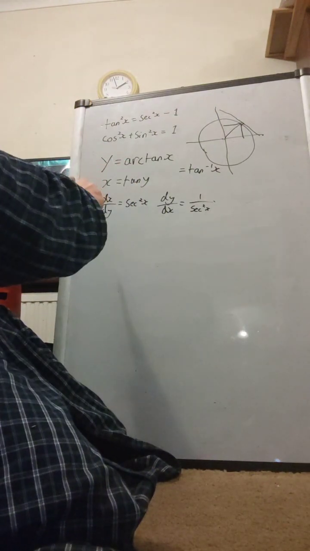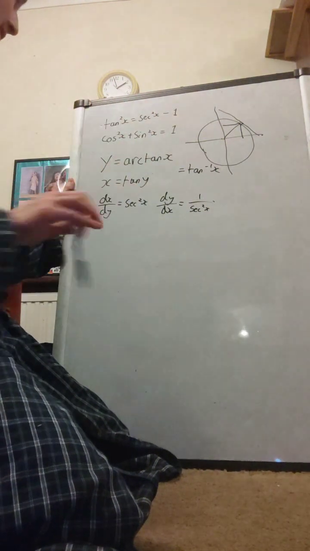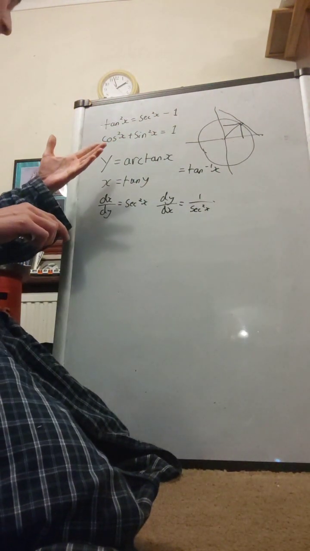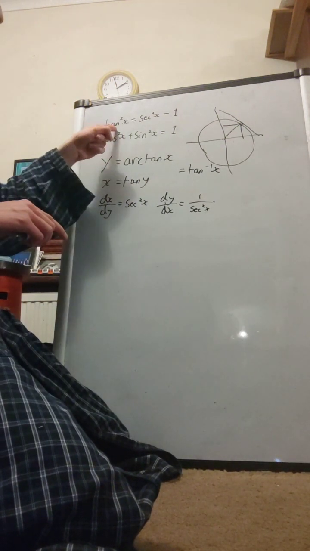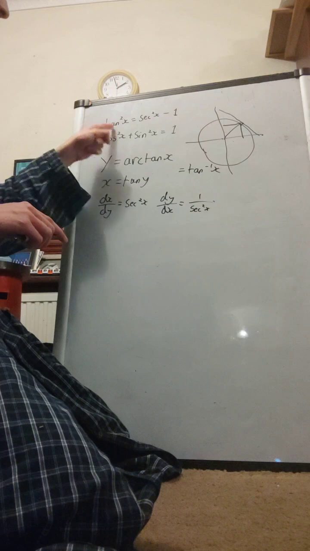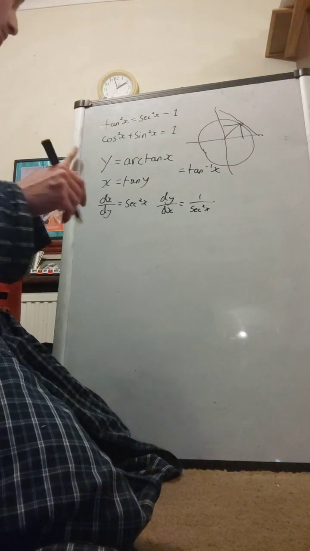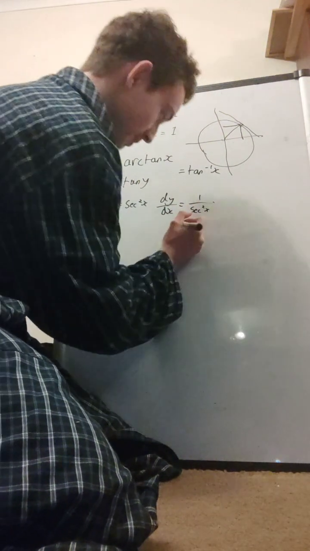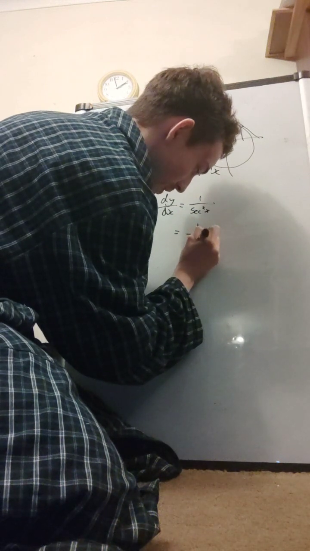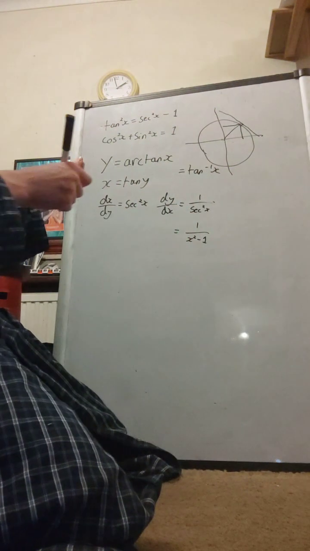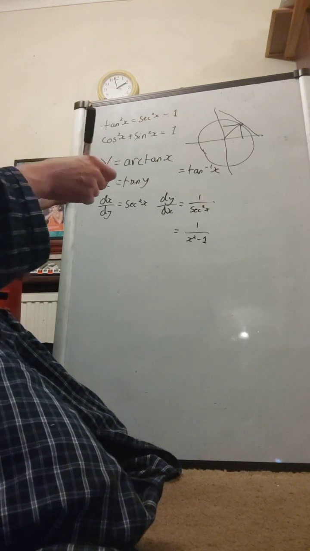Anyway, 1 over secant squared y, well, I can simplify that a little bit using this identity here. If I rearrange to find secant, well, actually, to be fair, I know that x equals tan y, so that's x squared there, secant squared there, rearrange, x squared plus 1, so that will be equal to 1 over x squared plus 1.